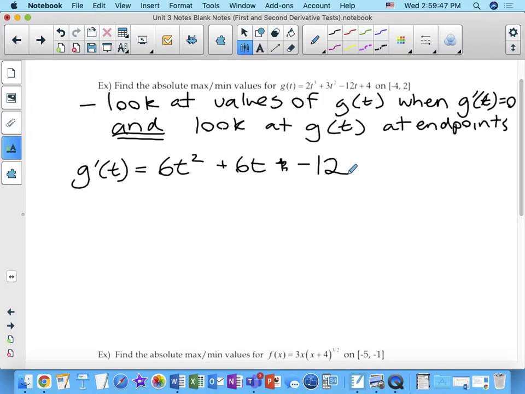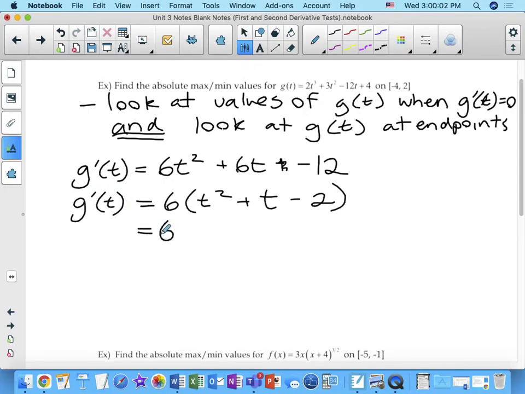We can take a GCF out here of 6, which is nice: 6 times t squared plus t minus 2. And this is factorable, which is also nice, because we're looking for two things that multiply to negative 2 and add to 1. So t plus 2 and t minus 1.